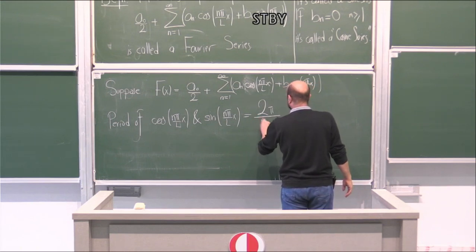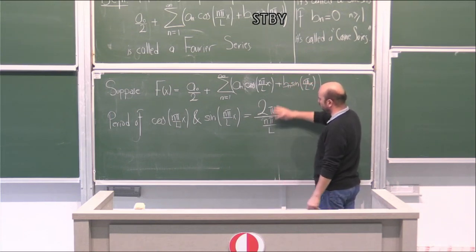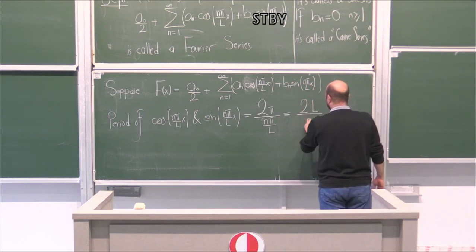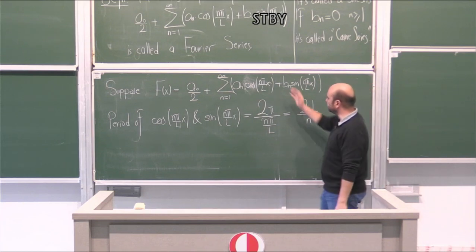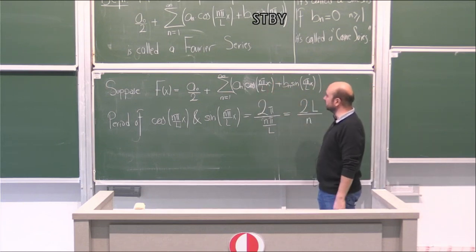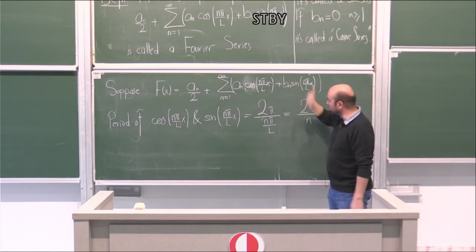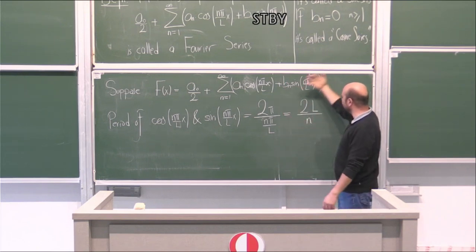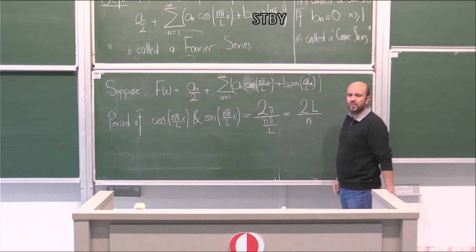So if you divide by n pi over L, the pi's are cancelled. When you flip, you get 2L over n. So all of them are periodic. Now, if you look at these, n is changing here, and when n changes, you are getting different periods. So their periods are getting smaller and smaller.